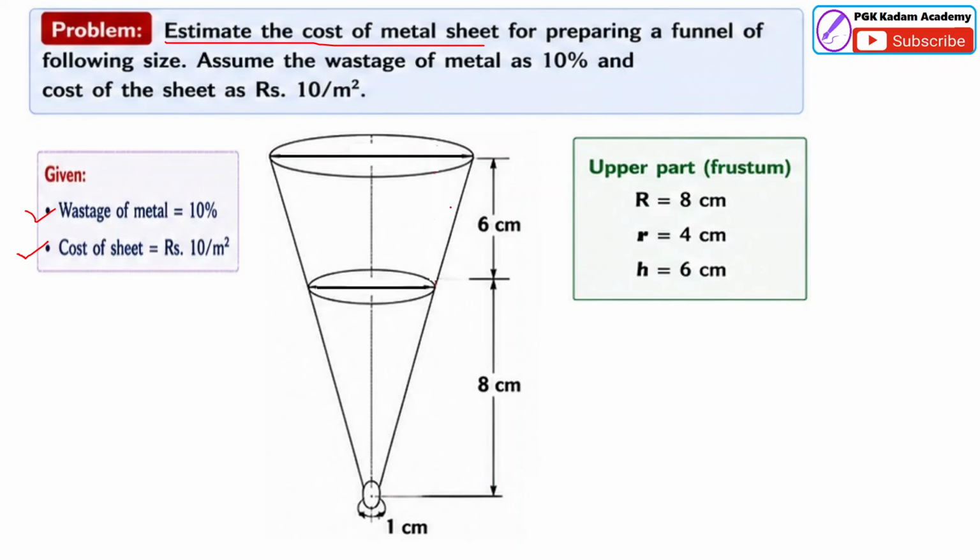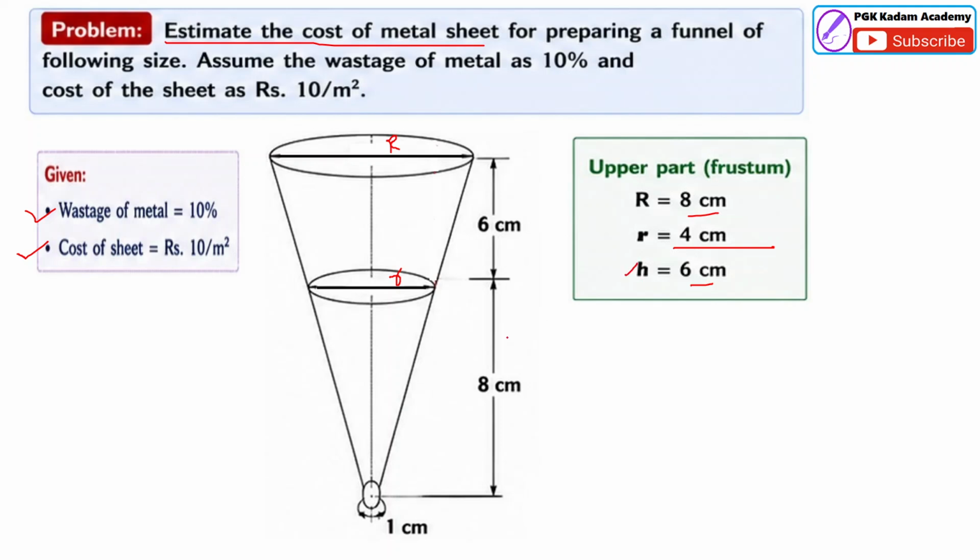And this is a circle having the radius of the upper funnel part, capital R. This is capital R, small r is 4 centimeter, and the height of the upper part is 6, h.